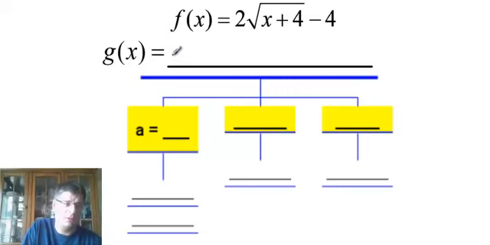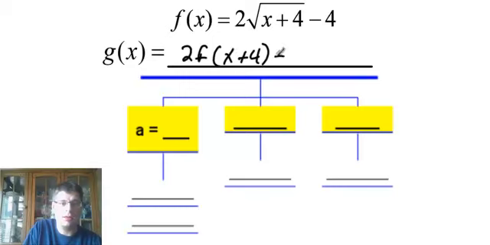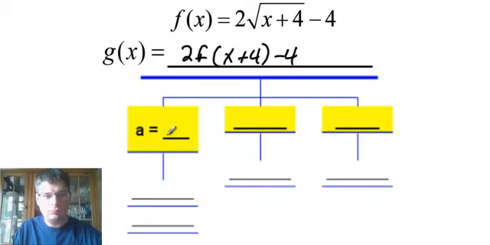And so if I'm going to write g of x in terms of f of x, I'm going to write 2f of x plus 4, minus 4.